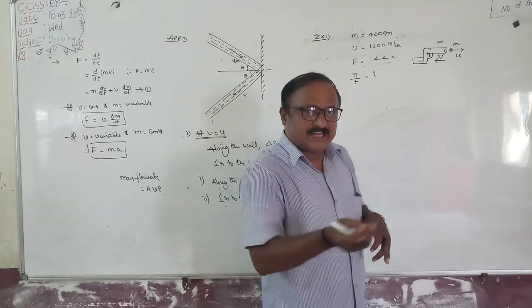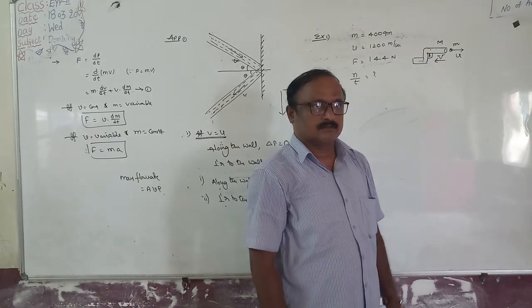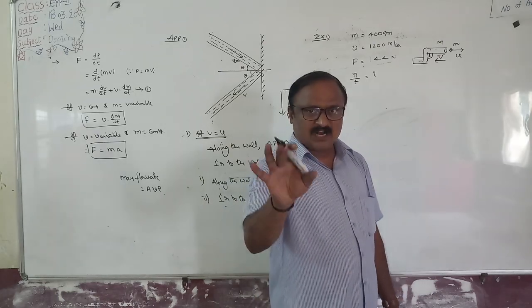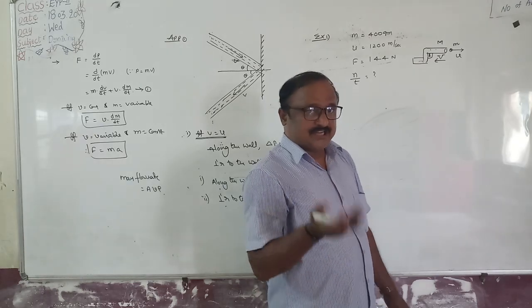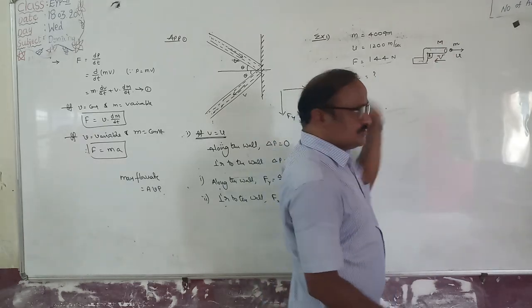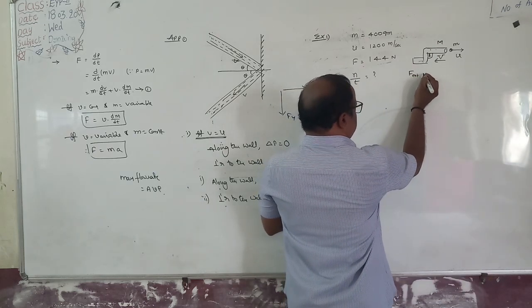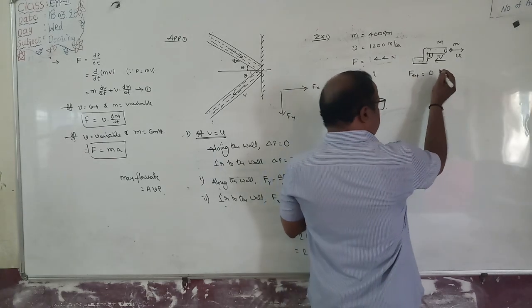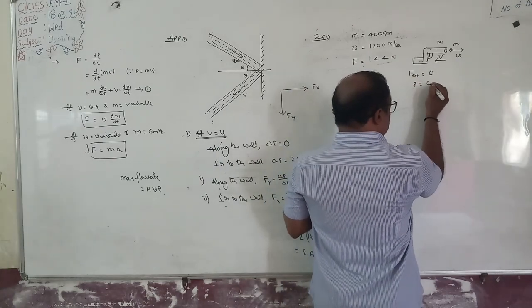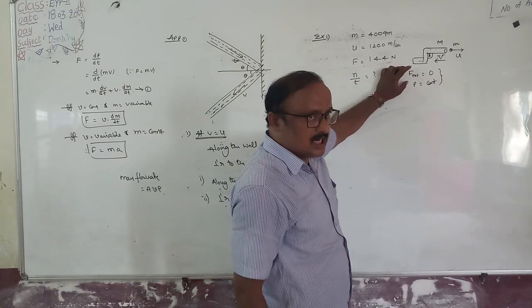The firing is an internal effect and there is no external force acting on the bullet or the gun. Internal forces cannot change the momentum. That's why the initial momentum of the system is equal to 0. When there is no external force, F external is equal to 0, so momentum remains constant. Once again this will be explained in Newton's third law.